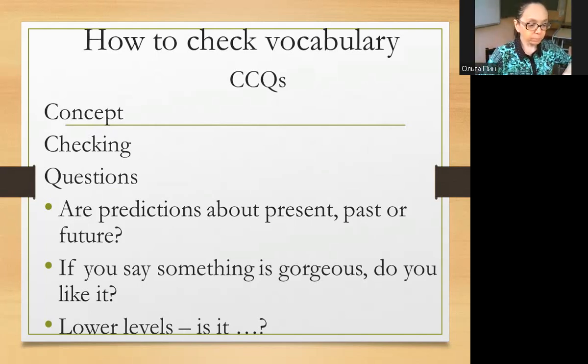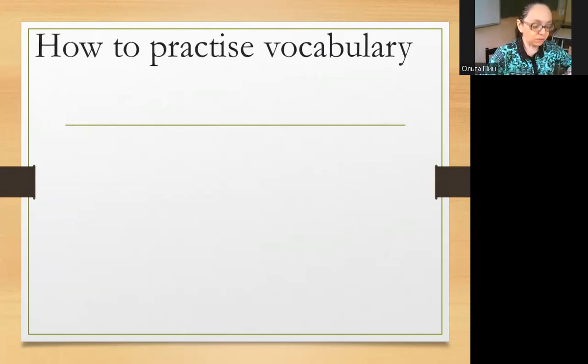So, to practice vocabulary, some exercises. At lower levels, you can use card drilling, which means you place the cards of the words on the board and then you show the card and make the student say the word.